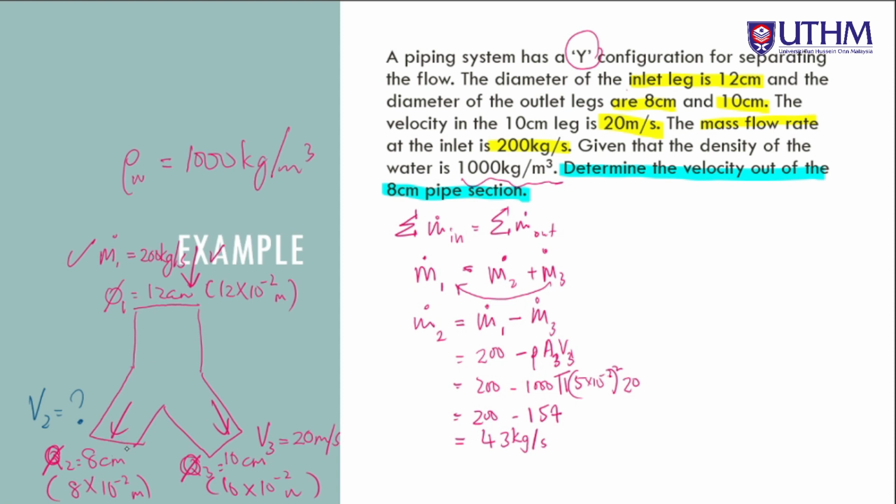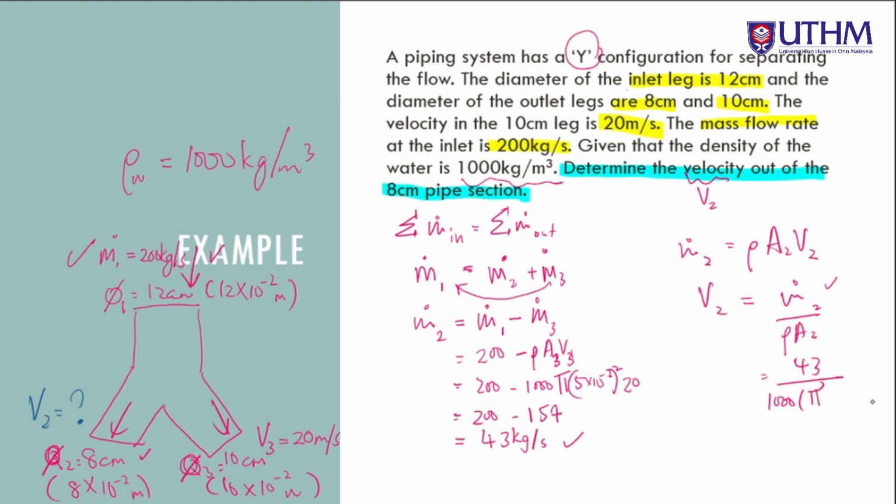Okay, so we now know the mass flow rate out at channel 2, outlet number 2, is 43 kg per second. But the question asks for velocity V2. So we know mass flow rate at 2 equals to rho A2 V2. So V2 equals to mass flow rate at 2 over rho A2. So mass flow rate at 2 we know already 43, divided by density 1000 and area at 2 is pi r squared.